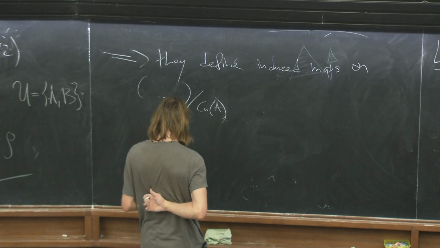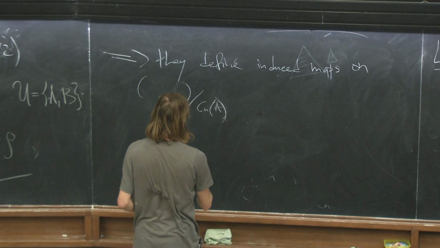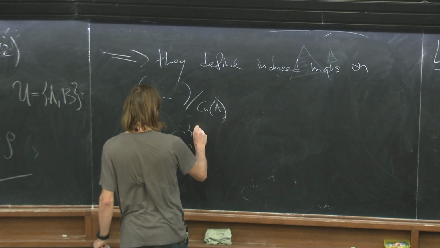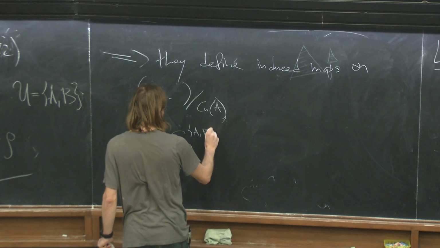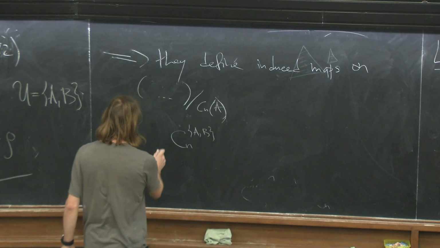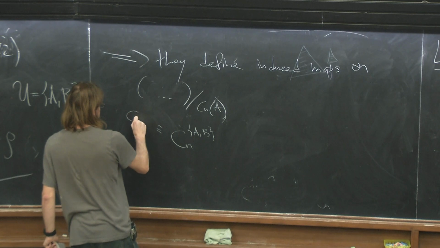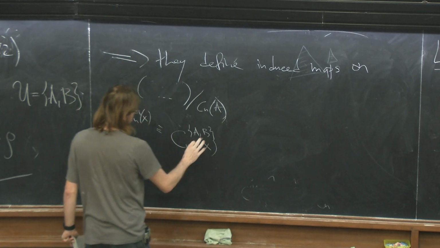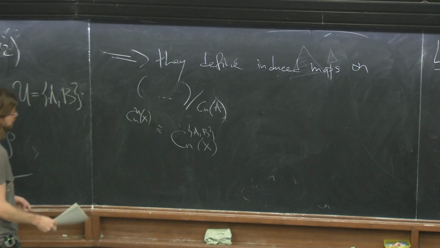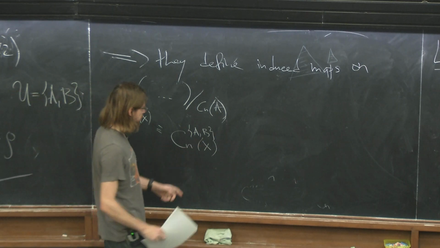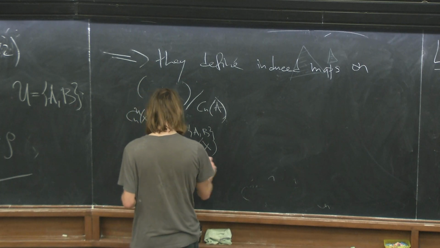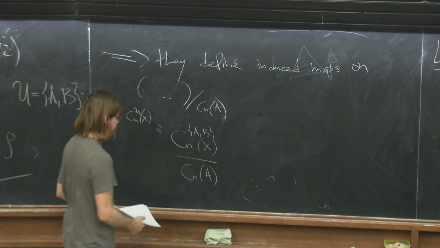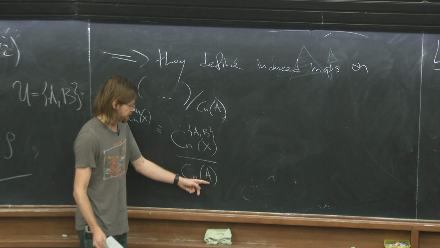Okay, and therefore let's consider, in particular, our C_n^U(X), the space of singular chains with the image either in A or in B. And we can quotient it with respect to singular chains with image in A.